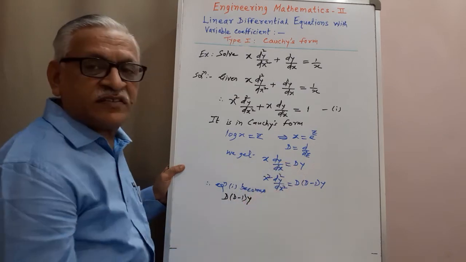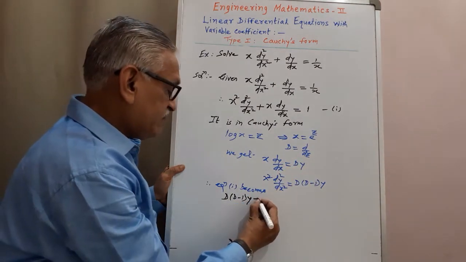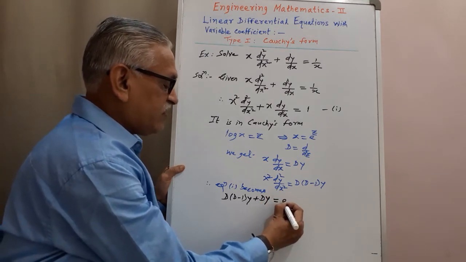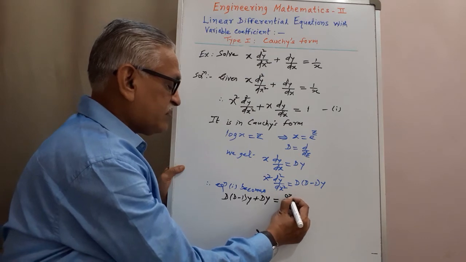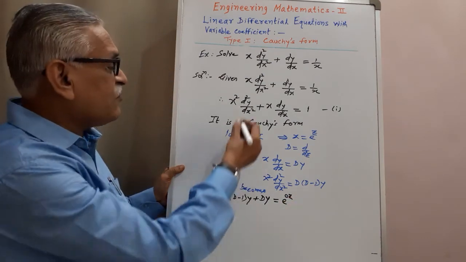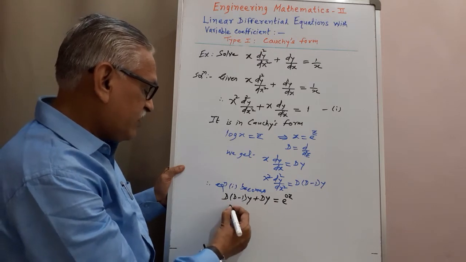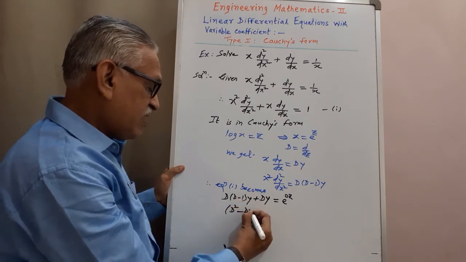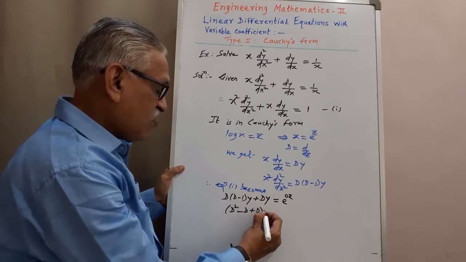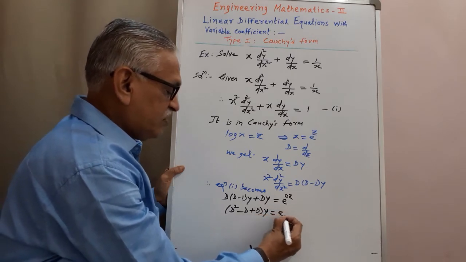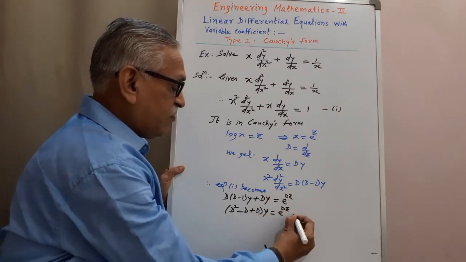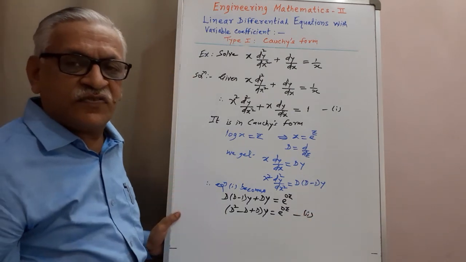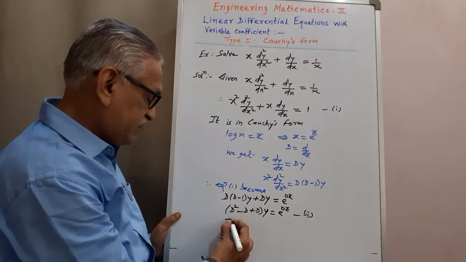The value of x dy by dx is capital D operated on y, and that is equal to 1. 1 we can write as e raised to 0 z. Simplifying, we get D square minus D plus D operated on y is equal to e raised to 0 z. We call this equation 2.